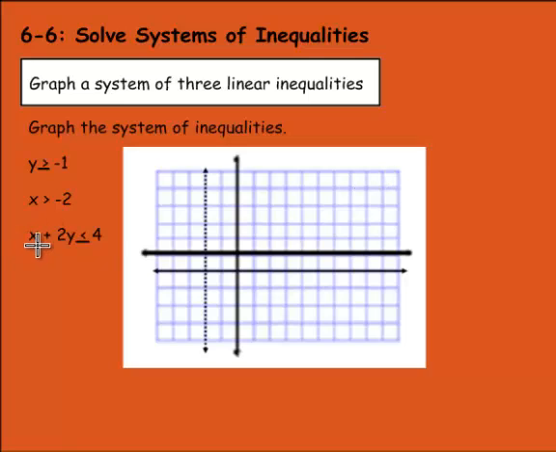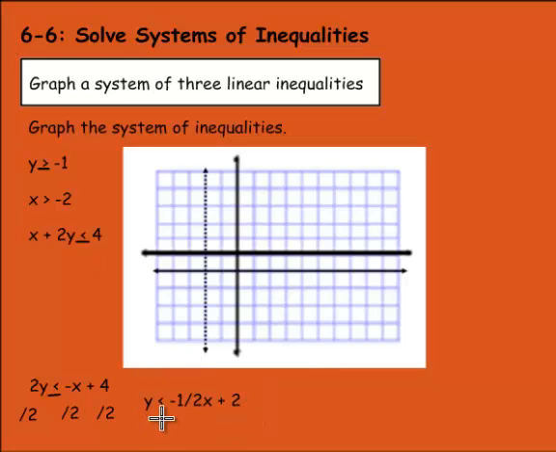Now we have x plus 2y is less than or equal to 4. Let's do slope-intercept here. So 2y is less than or equal to negative x plus 4. Let's make sure we get that or equal to in there. Divide both sides by 2. So that would give us y is less than or equal to negative 1/2 x plus 2.